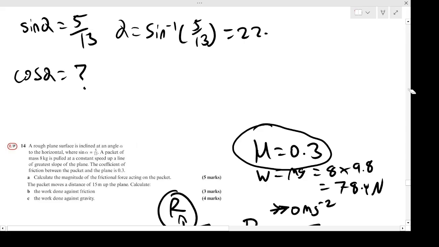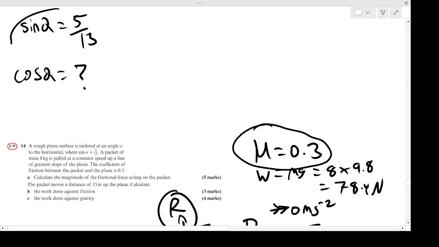A trick we can do, and you'll probably find it's more efficient once you really master it, is to use sine alpha and use SOHCAHTOA from GCSE.